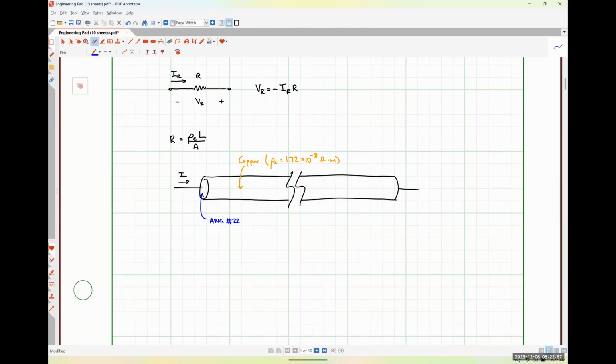I'm going to look up on my phone what the diameter of solid core AWG number 22 wire is. And it is 0.0253. I believe that is measured in inches, but let me double check the units on this table. Let's put it in millimeters, that'll be easier.